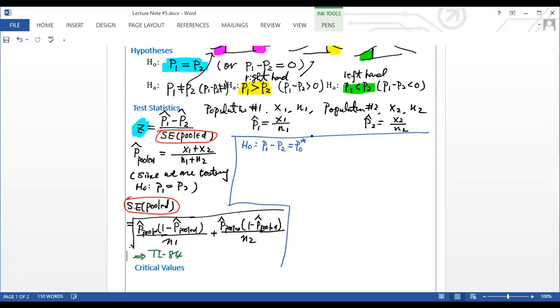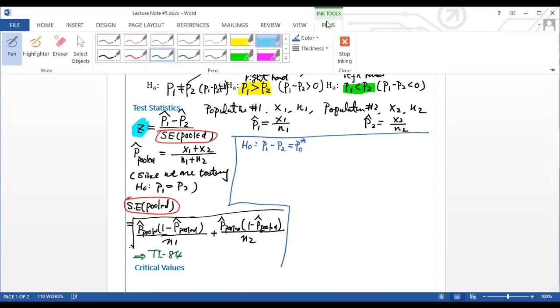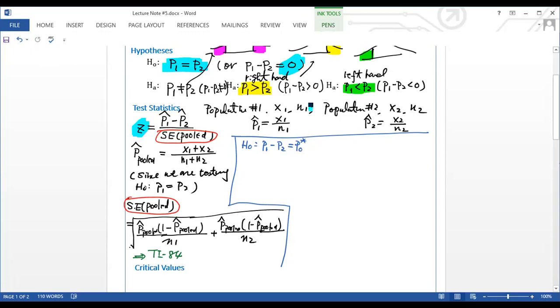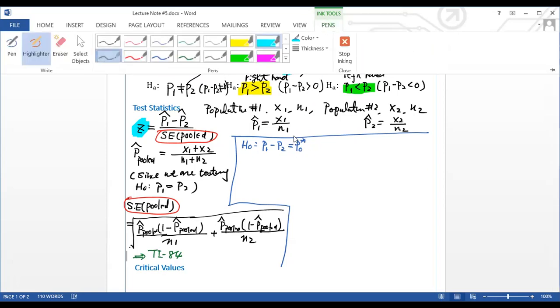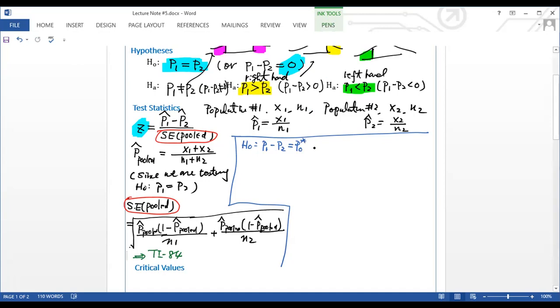For example, on election day, you say I think the percent supporting candidate one is bigger than the percent supporting candidate two, and the difference is about 5%. So you can test P0 star; you don't have to test zero. Here you test 0, but in fact you don't have to, you can test that they differ by a certain percentage.